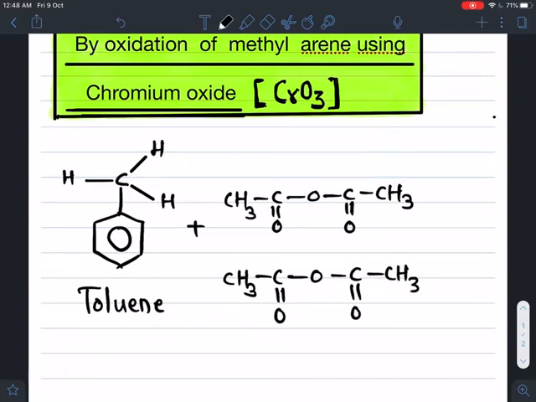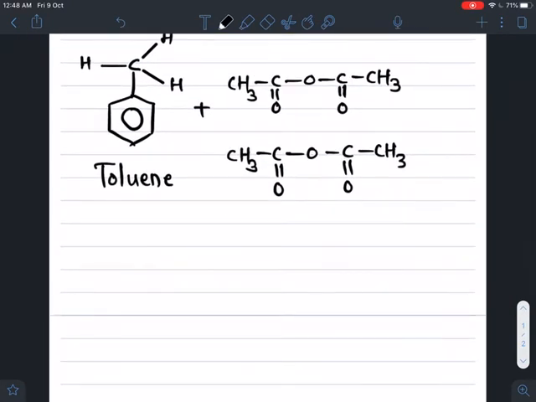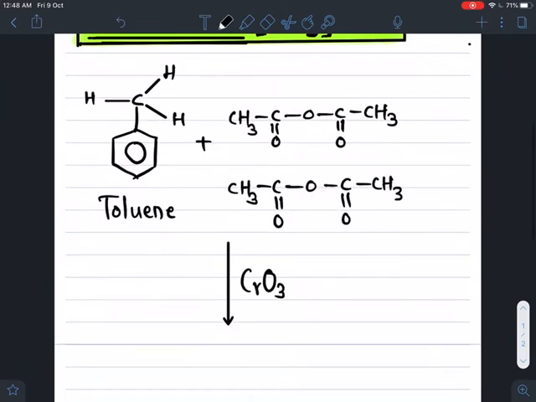When this acetic anhydride reacts with toluene, the oxidation takes place in the presence of chromium oxide, CrO3. Here partial oxidation takes place, and one C-H bond and then one more C-H bond break.